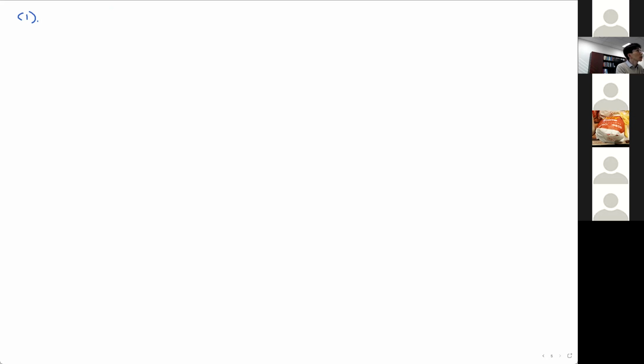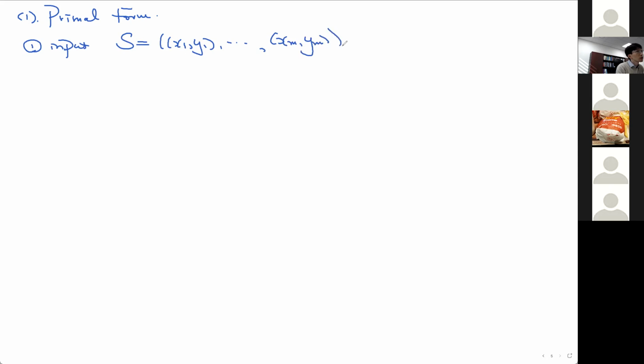First, let's think about the primal form. How is this algorithm defined in its so-called primal form? The input of the algorithm is a sequence of input-output pairs. And then what does the algorithm do?